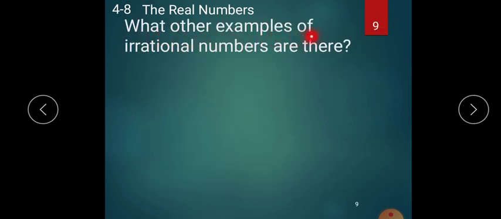What other examples of irrational numbers are there? Let us see some other examples of irrational numbers. Pi. You might have used pi in a lot of problems. Now what is the actual value of pi? As you can see, it is a very long value, 3.14159 and so on.